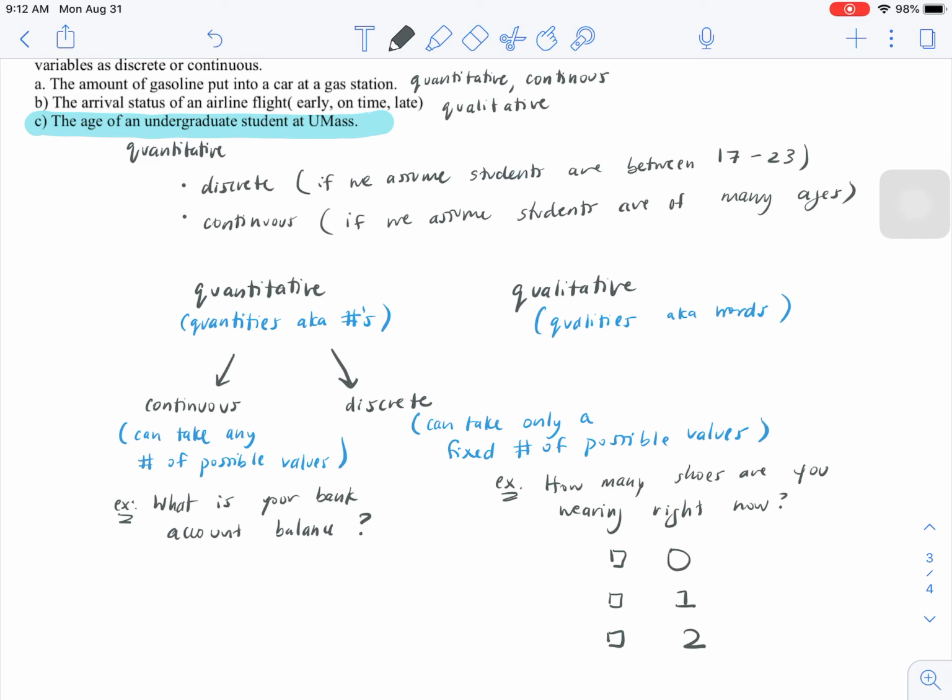Or if we want to measure age in more than just years, in decimals. If you want to say you're 23 and a half or 23 and a quarter, and so on. So this one is definitely quantitative, but there's an argument for it being discrete or continuous, as long as you justify it.